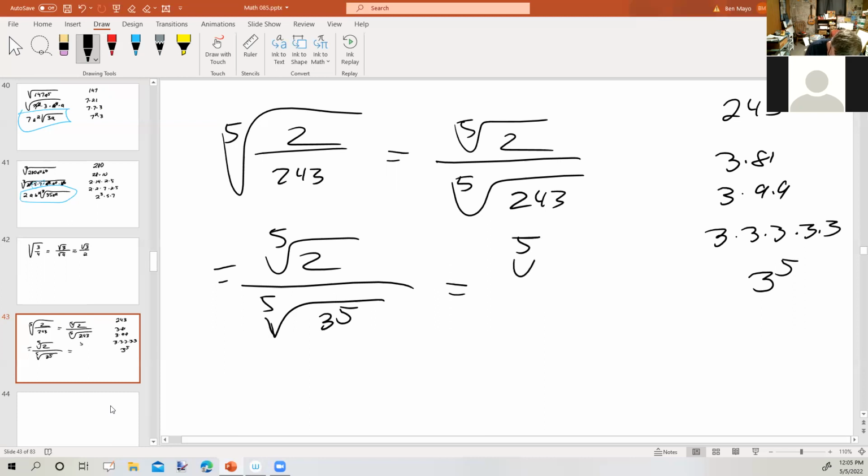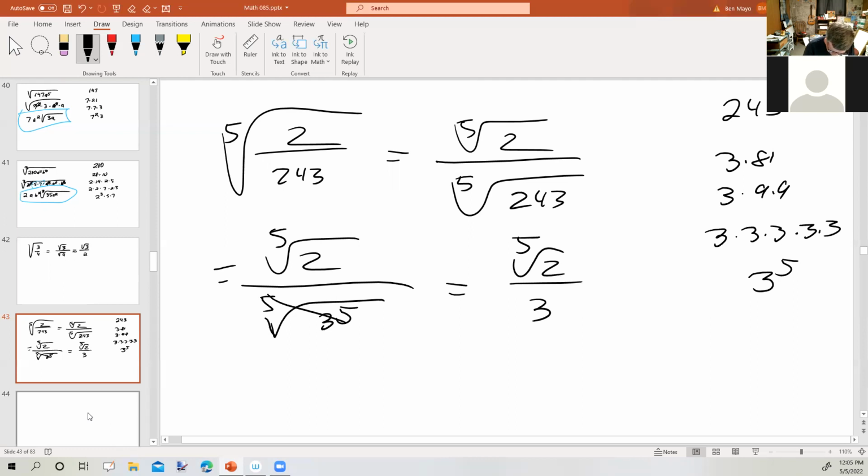So I've got the 5th root of 2 over, what's the 5th root of 3 to the 5th power? It's 3, because the exponent and the index reduce down to 1 over 1. 3 to the 1 power is just 3. Okay.